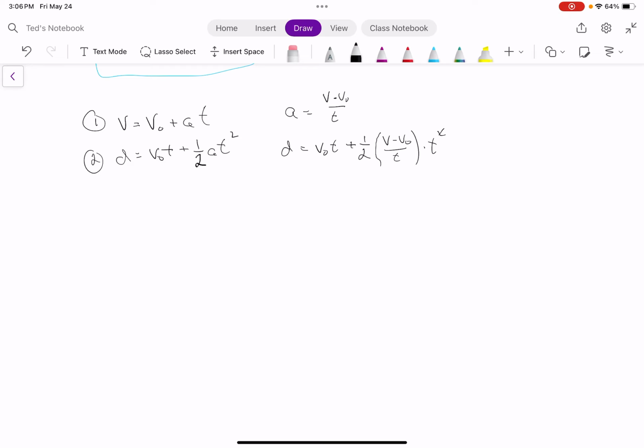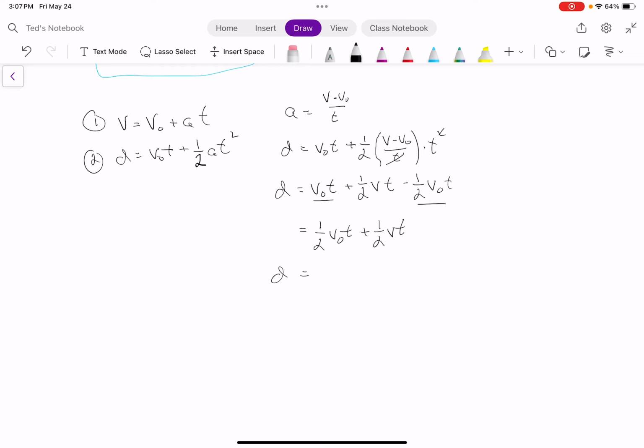Now here, one of those t's cancels with that t, and this becomes displacement is equal to v0t plus 1/2 vt minus 1/2 v0t. And then here, if we subtract half v0t from v0t, we get displacement is equal to 1/2 v0t plus 1/2 vt.